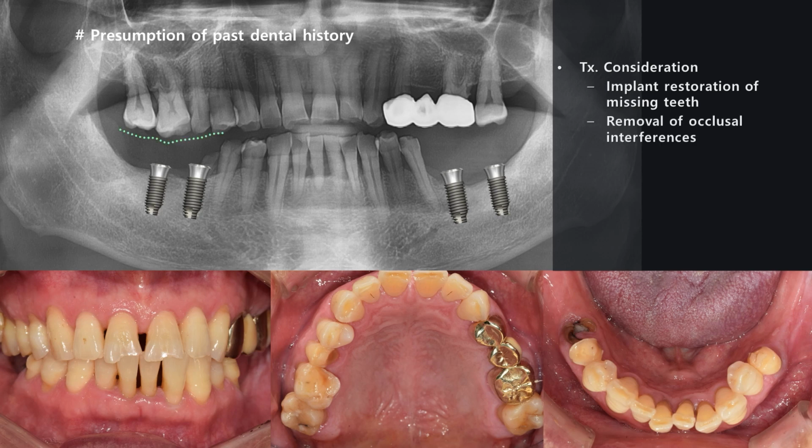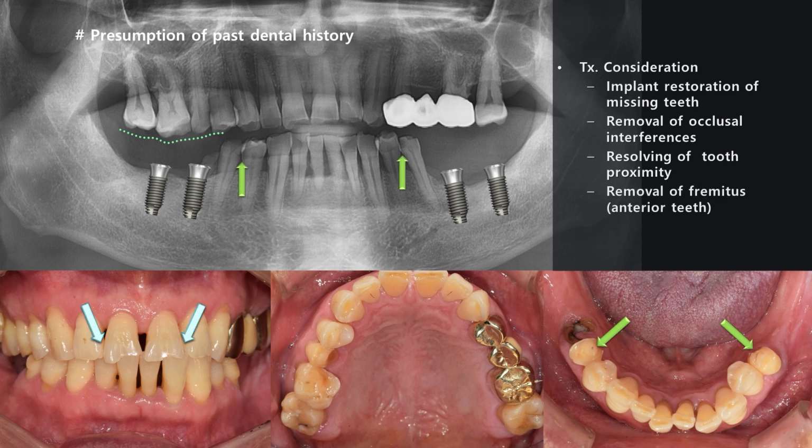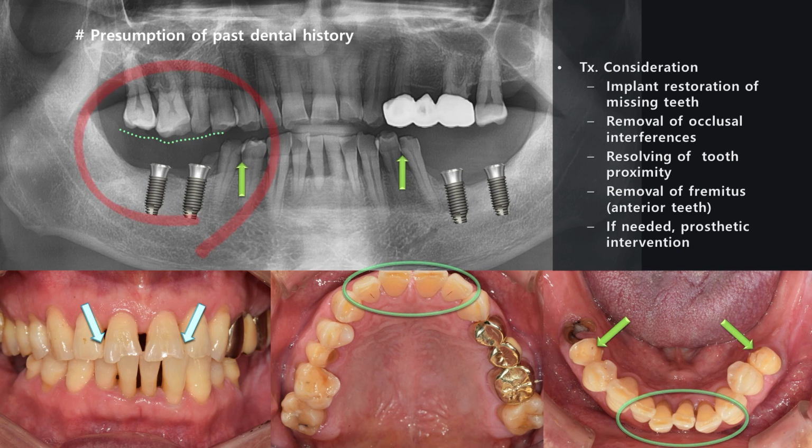It was planned to restore the missing teeth first, together with the restoration of the adjacent natural teeth. After restoring the posterior region, prosthetic treatment for the anterior was planned and executed. Today, I'll focus on numbers 46 and 47, where non-submerged type implants will be restored.